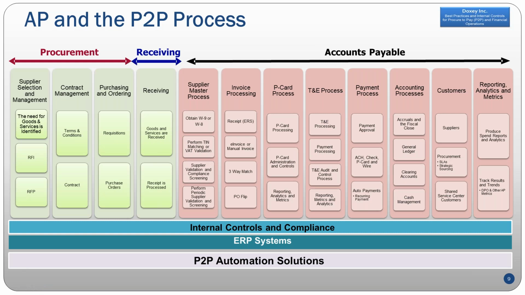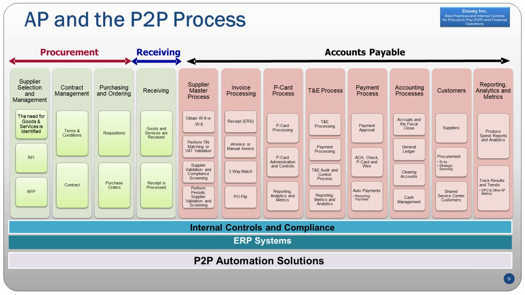I mentioned the procure-to-pay process, and I do a lot of work in internal controls. And one thing I found is you can't look at accounts payable in a vacuum. Got to look at how procurement and receiving actually impact AP. So this is somewhat of a complicated flow chart, but the point is to show how procurement and accounts payable connect together.